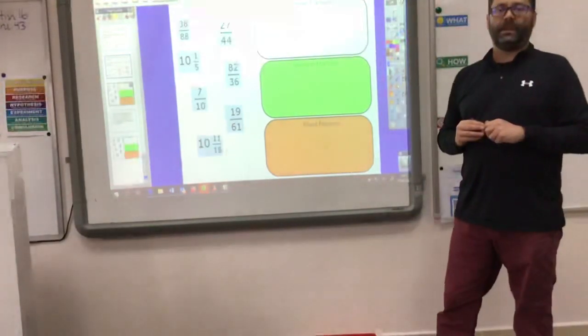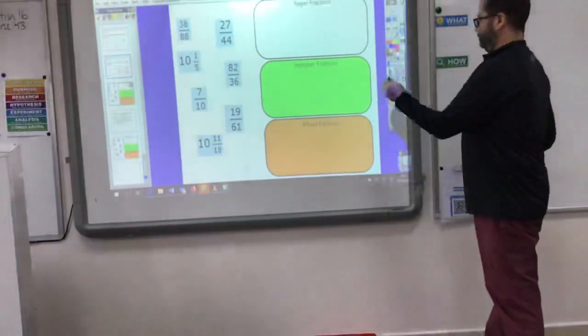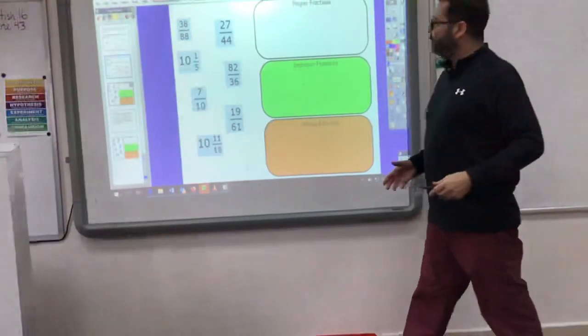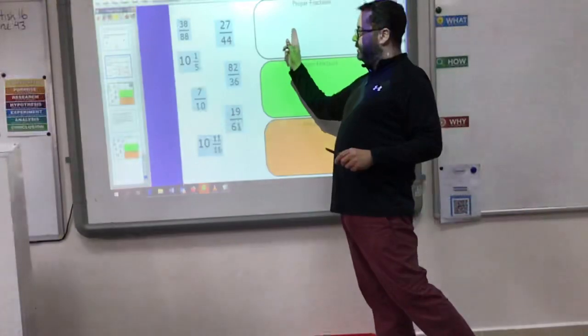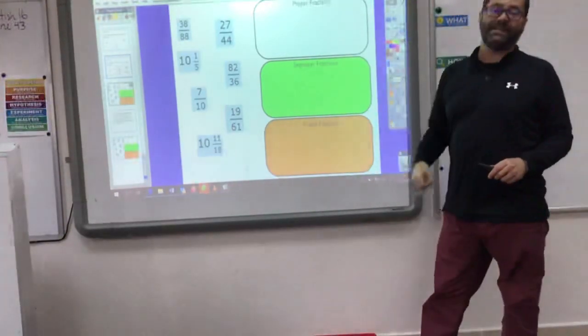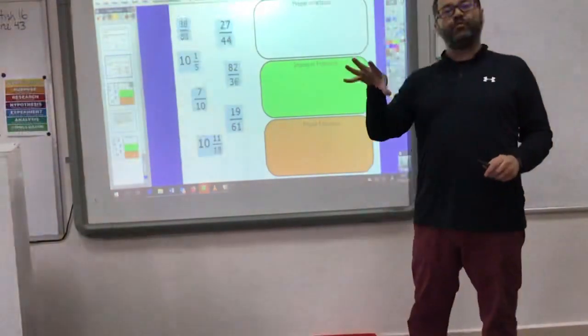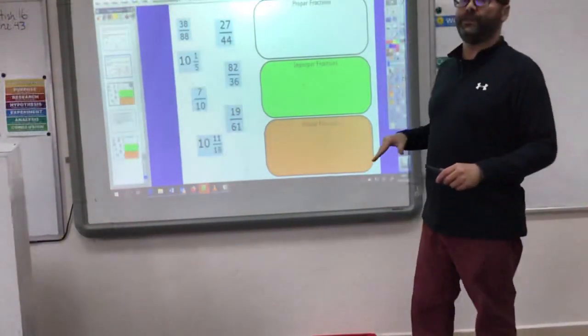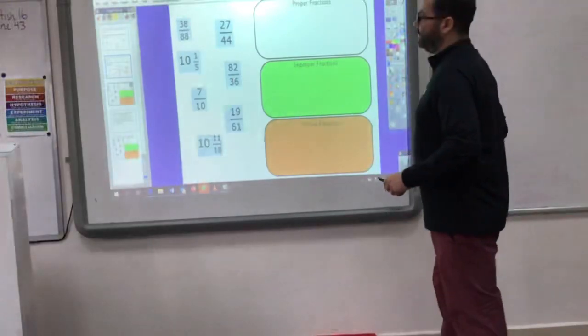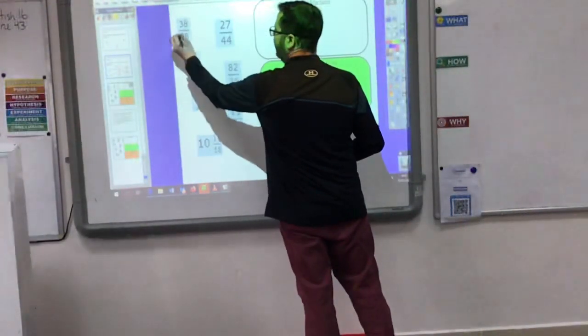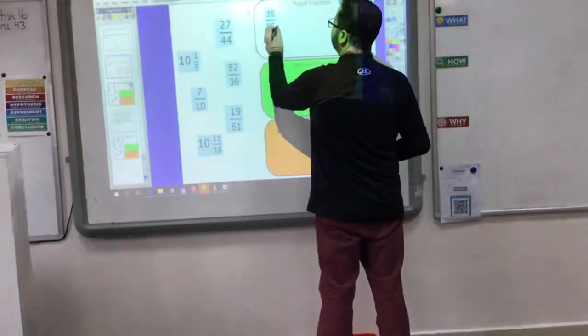And we're back. So looking at these different fractions, I'm going to start with the one that I know really, really well: proper fractions. It's simple, it's just a fraction, it does not have a whole number, and the numerator is smaller than the denominator. Well, looking at these, this one here, 38/88, that is a proper fraction.